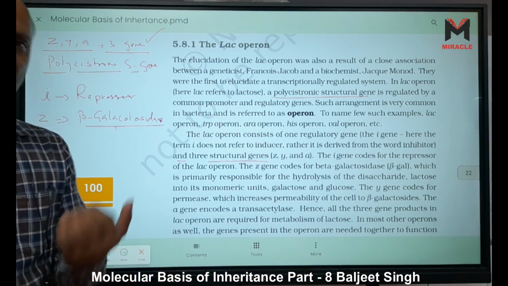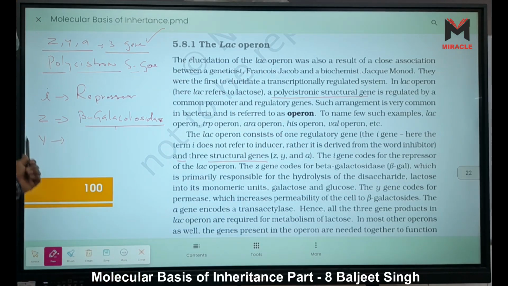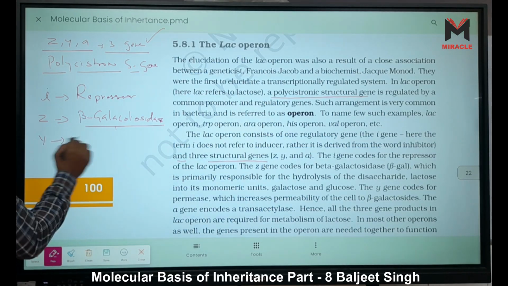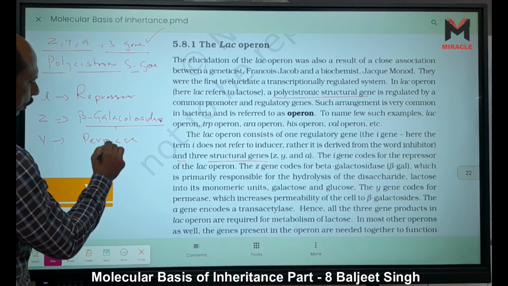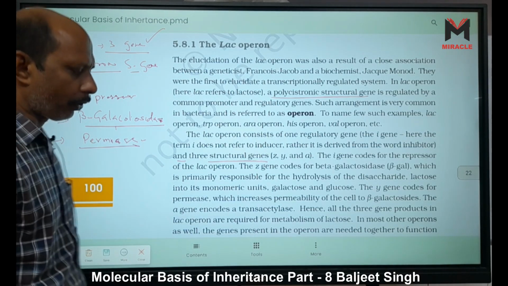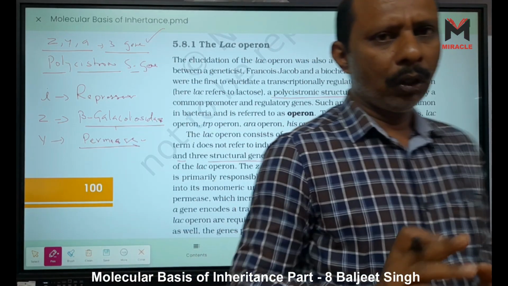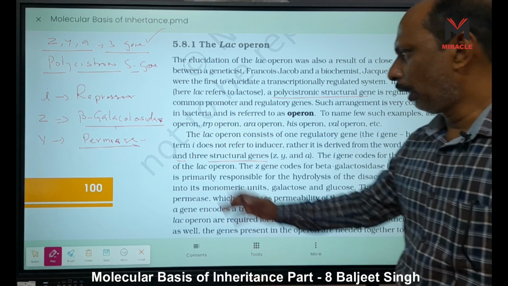So this lactose enters into the cell. How does it enter? Due to this enzyme, that is Y. It is called permease. Permease enzyme is responsible for the transportation of lactose, or it increases the permeability of the cell membrane for lactose.